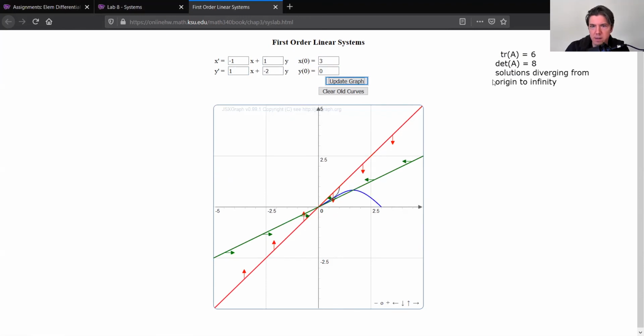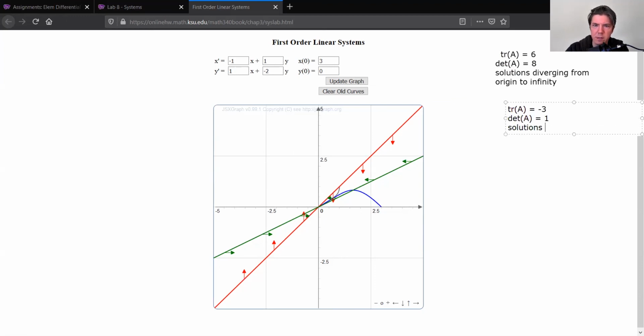Now, if we compute the trace and determinant here, we can add that as well. And now we have solutions getting pulled in towards the origin. So instead of diverging from the origin to infinity, they're getting pulled in towards the origin. And if we computed the trace really quick there, the trace of A is going to be equal to -3. And then the determinant of A is going to be equal to, let's see, 2 minus 1, which is 1.